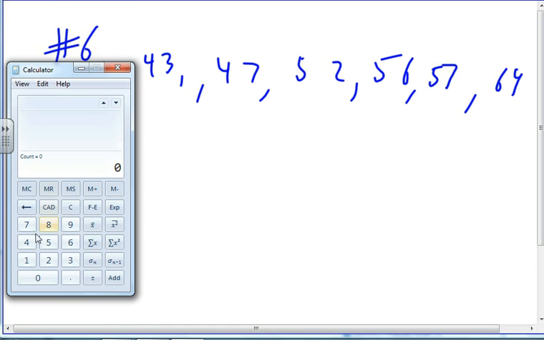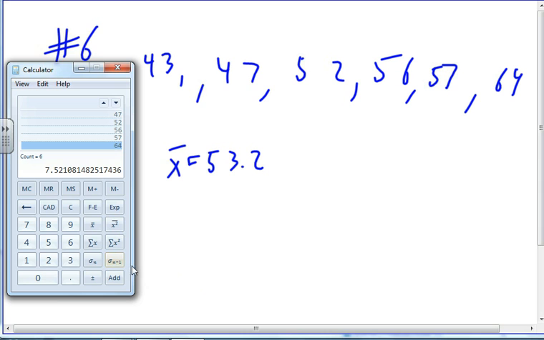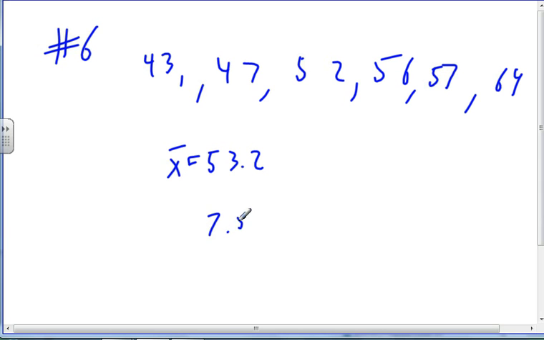Alright. 43, 47, 52, 56, 57, 64. What is my mean? So my mean is going to be 53.1, we'll call it 53.2. 53.2 is the mean, and the sample deviation 7.5.